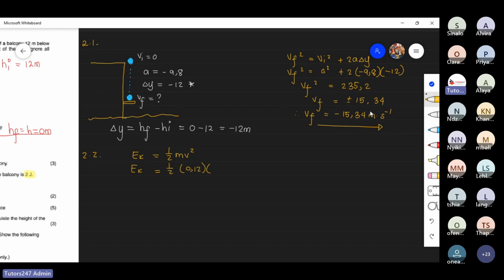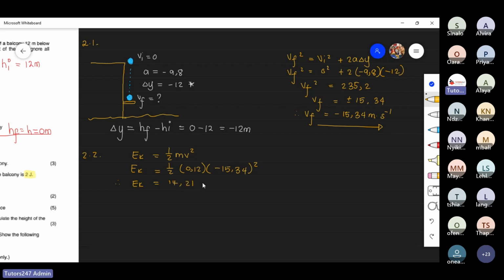Next, we can substitute the velocity just before the object hits the balcony, and that is -15.34. Don't forget that it is squared. So from here, we have our kinetic energy. Once we put this into our calculator, we get 14.12.